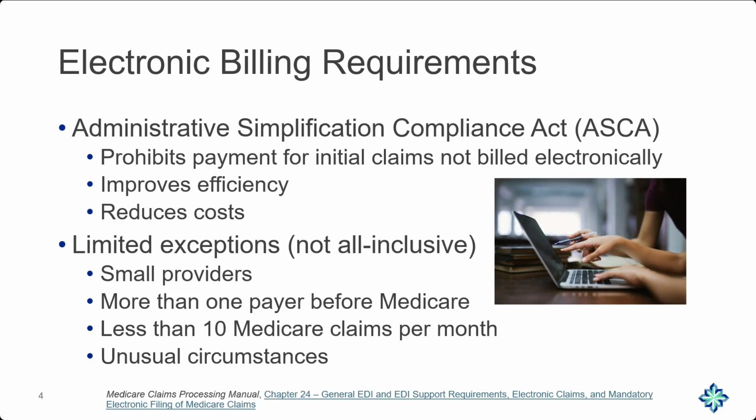So the system has trouble seeing that Medicare is the third, or what we call the tertiary payer. So we can accept those claims on paper in those rare instances. I don't know if you've ever had that happen. I don't know how often providers see it, but maybe you have seen it and it happens more often than I know about. But that is an exception when you can send a paper claim.